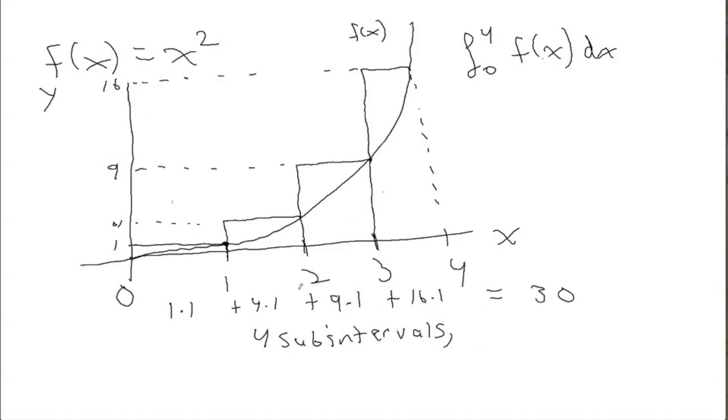And these points that we used here are called sample points. So what sample points did we use here? We used what are called right endpoints, because from each interval, we based the height of the rectangle on the right endpoint.